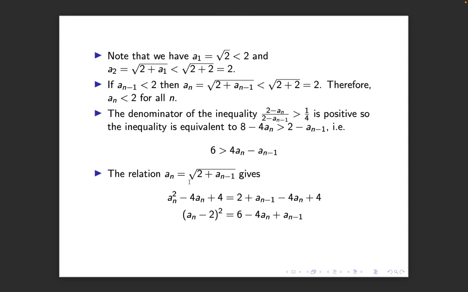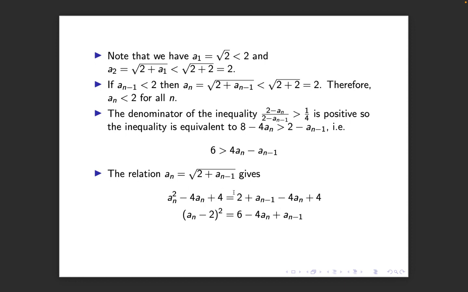Alright, so we go back to the recursion formula. a_n is the square root of 2 plus a_(n-1). We will square both sides. So here we will get a_n squared. And then after we square both sides, I will subtract 4a_n from both sides. And I will also add 4 to both sides. The reason is because I want to get a complete square on the left-hand side.